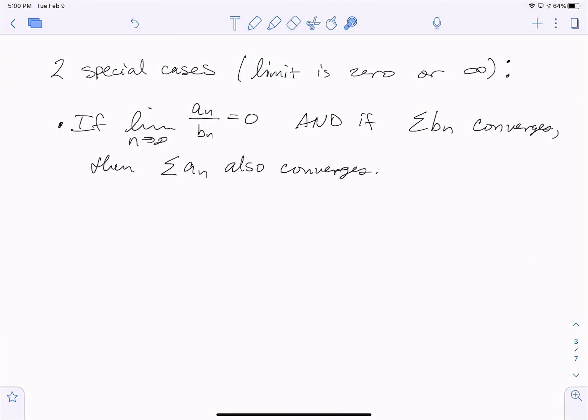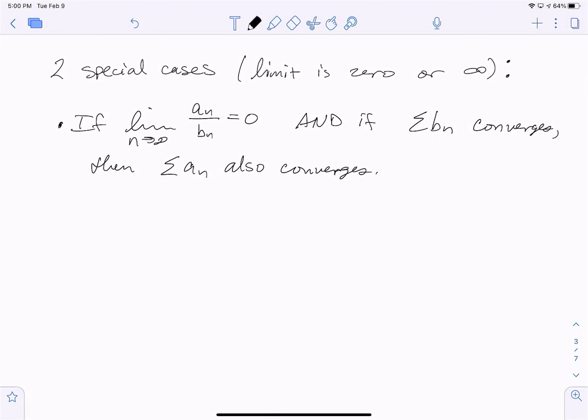The way I think of this is that if sigma b sub n converges, then it's a finite number. And if we form a ratio of a sub n to b sub n, and that limit turns out to be 0, then a sub n converges probably faster for us to end up with a limit of 0 if sigma b sub n converges.